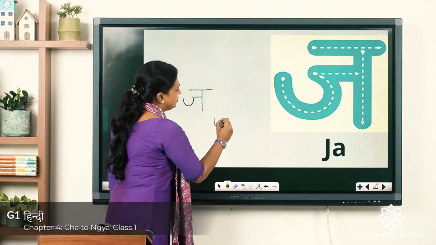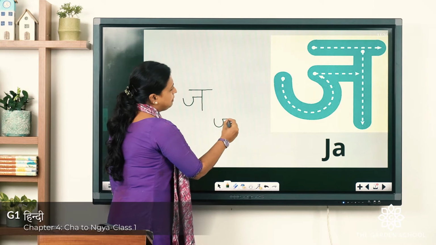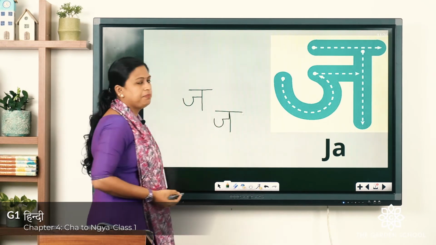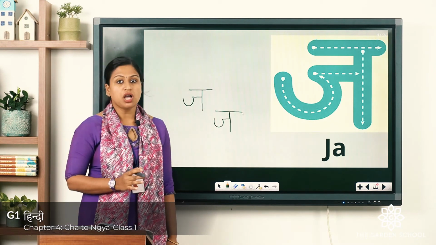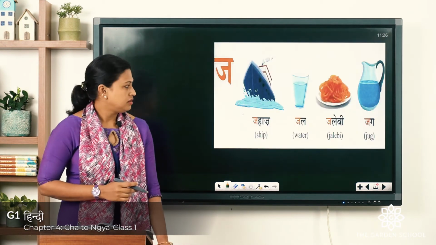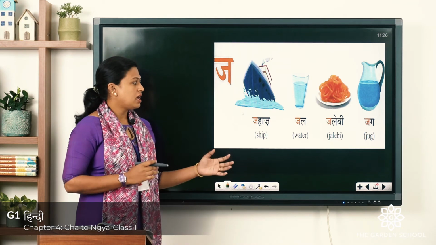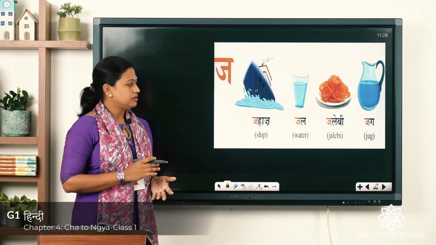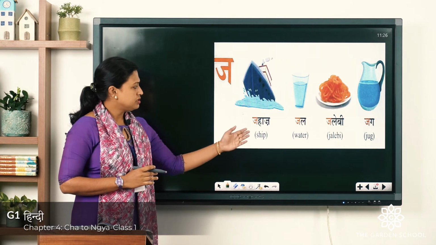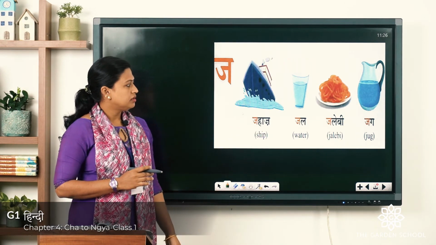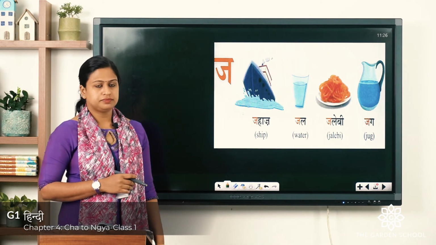First, small u, short sleeping line, standing line, and on the top, sleeping line. We pronounce ja. Now, let's see few words. Jal, water, jahaz, ship, jalebi, then jug.